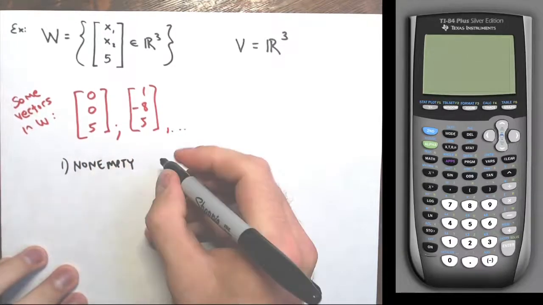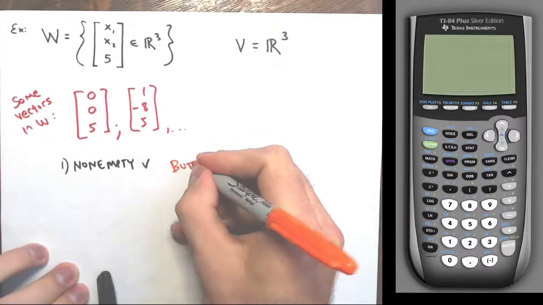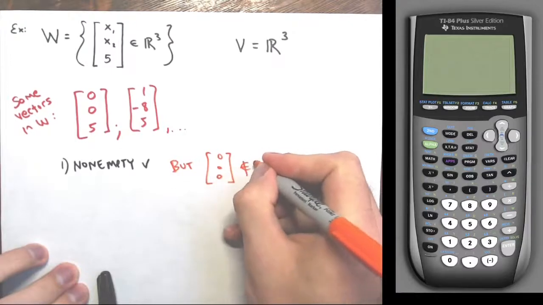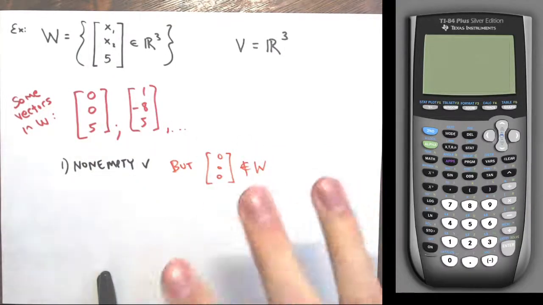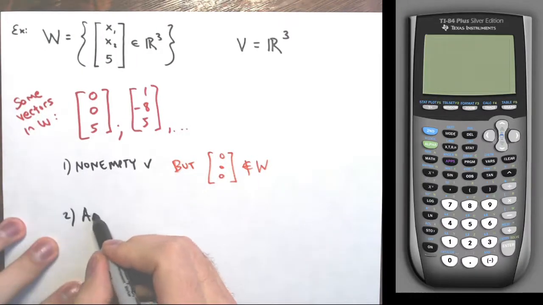You can think of some vectors in it, but again, there's that caveat that the 0 vector is not in W because it doesn't have a third component of 5. So right away, you can stop there and say that W is not a subspace of R3, because if the 0 vector is not in W, that just means one of the other two properties fails, which you're going to see right now. Is it closed under vector addition?